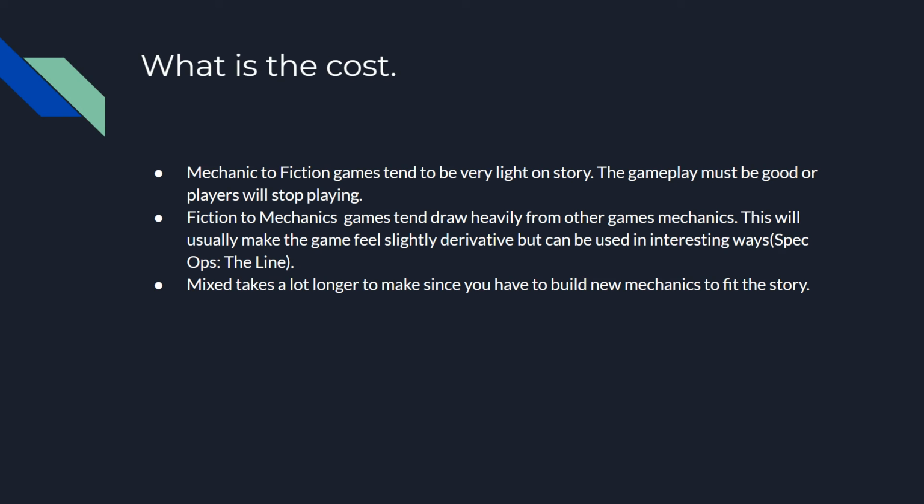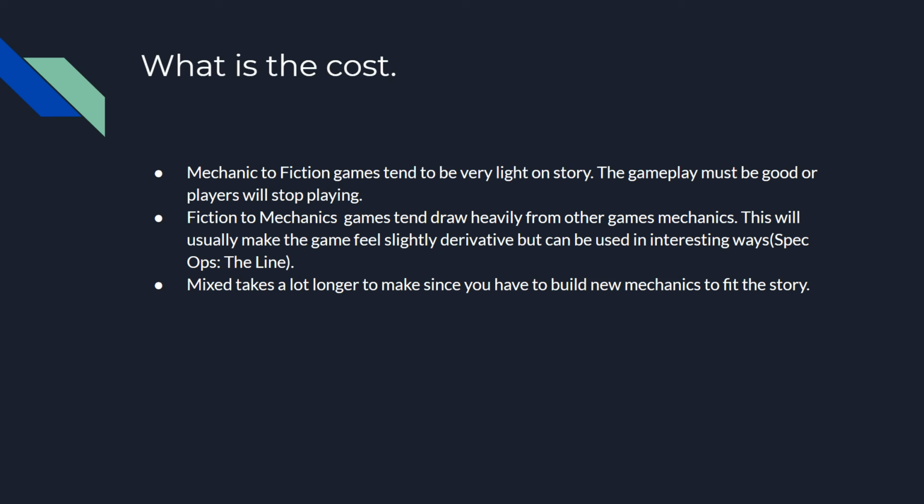And so when you do fiction to mechanical, one of the biggest problems you run into is the gameplay can tend to be derivative, but you can take derivative gameplay and build an interesting story around it that focuses on the fact that it's derivative gameplay and uses it to challenge a lot of the games that use this gameplay without thinking about it.